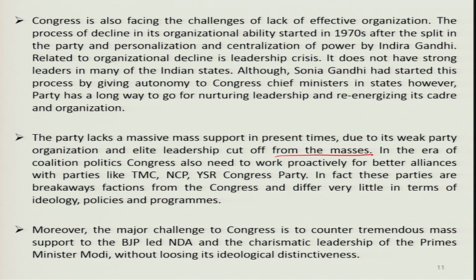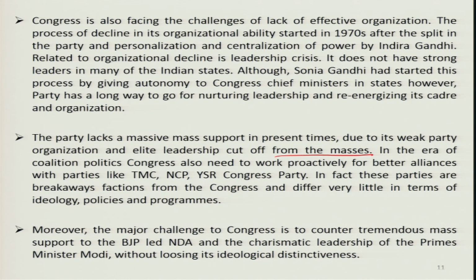So, in the era of coalition politics, Congress also needs to work proactively for better alliances with parties like the Trinamool Congress, the National Congress Party or the YSR Congress in Andhra Pradesh and also in Telangana. These parties particularly are breakaway factions from the Congress and differ very little in terms of ideology, policy and programs from the Congress party.